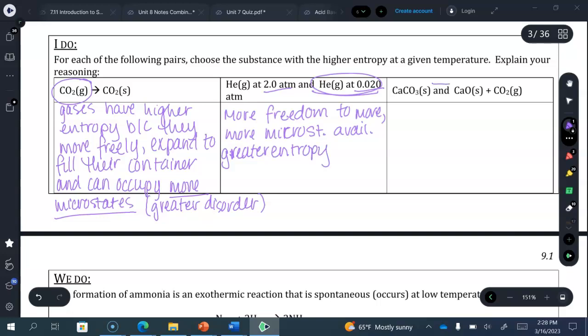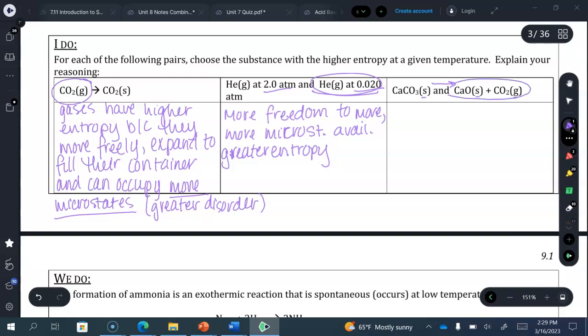Okay, so the reaction arrow in our next one isn't there, but that's where it would be. So calcium carbonate makes calcium oxide and carbon dioxide gas. So we're going to look at which side of the reaction would have greater entropy. Well, solids, remember, have very little entropy. They are fairly regularly arranged. They don't have freedom of movement, and so they have low entropy. However, we know gases have high entropy.